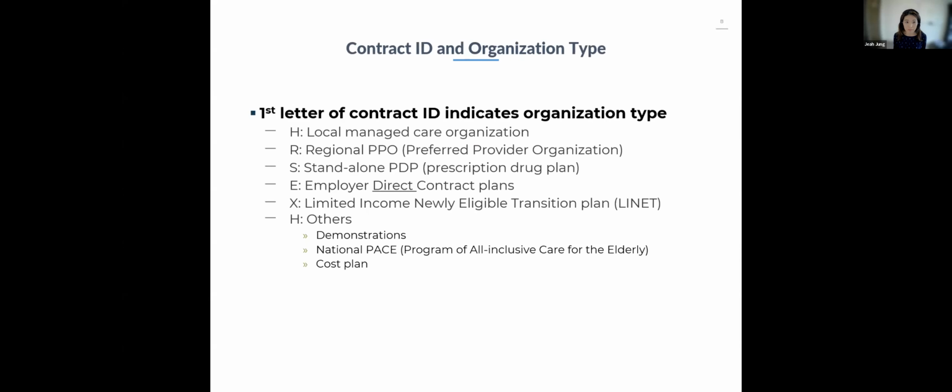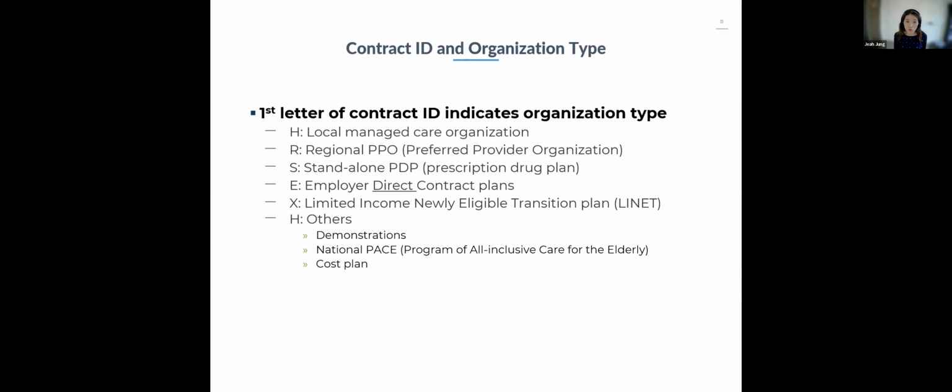So that's 002. Within a contract ID, there are several plan IDs. For the contract ID, we discussed this in the morning. The first letter of the contract ID indicates organization type, which we saw earlier.